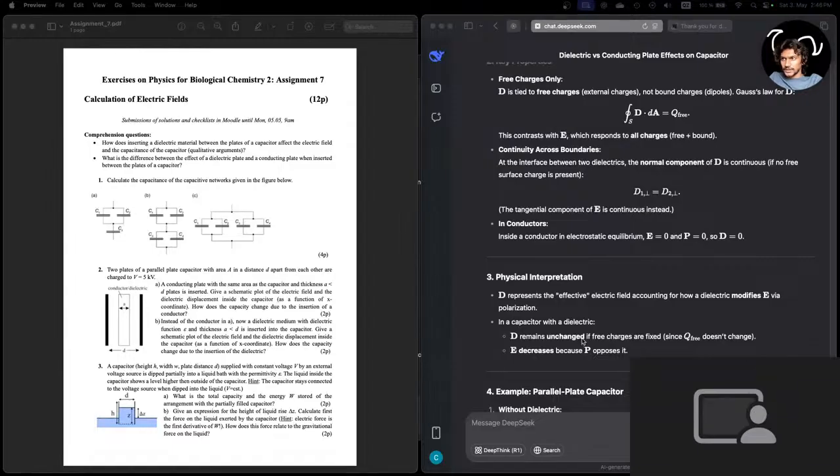In a capacitor, D remains unchanged if the free charge stays the same. E decreases because P opposes.